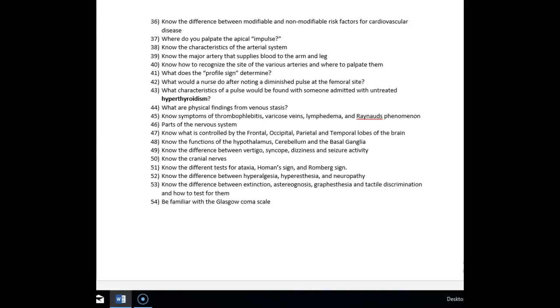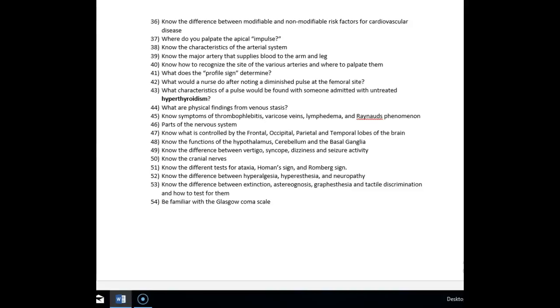Non-modifiable risk factors for cardiovascular disease are things that you cannot change. So, for instance, obesity and cigarette smoking, would you call those modifiable or non-modifiable behaviors?